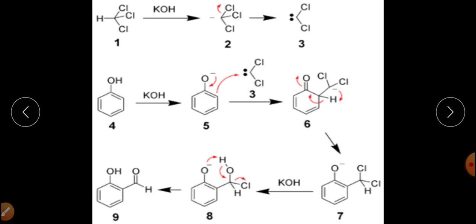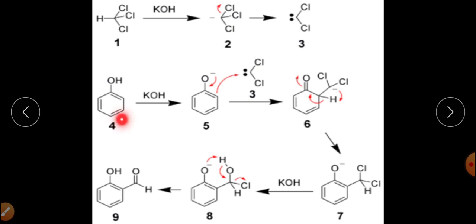If we are particularly talking about the mechanism, first of all, the base will abstract H positive from this compound, and this will form CCl3 negative, which finally loses Cl negative and gets converted into dichlorocarbene.